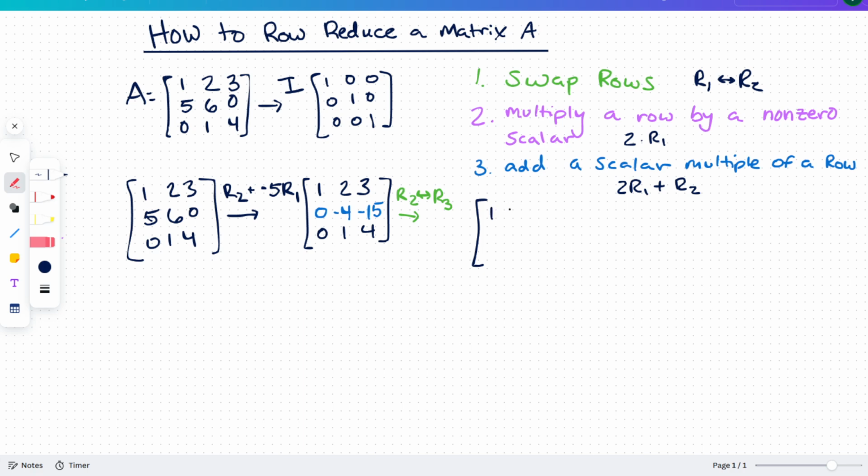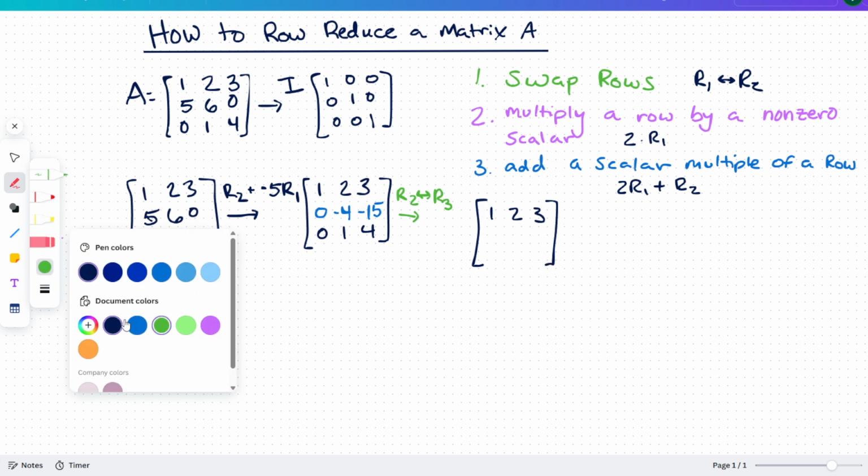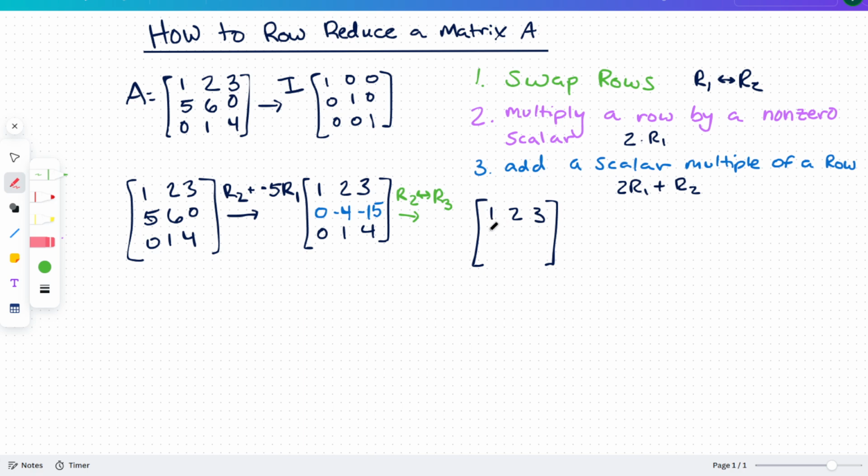So we know that R1 isn't going to be changed, but we do know that R2 and R3 will be changed, so we'll switch those up here. So we have 0, 1, 4, and 0, -4, -15.